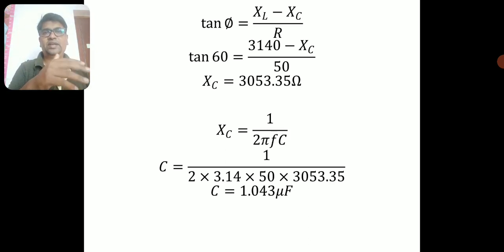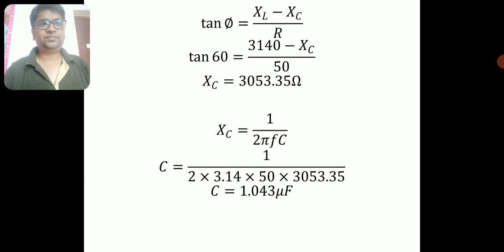So I got tan phi, which is the phase difference between the current and voltage, as XL minus Xc by R. XL I just calculated. I need to know what Xc is. So phi is known, which is 60 degrees, XL is known, and R is known. I can easily calculate Xc just by cross multiplying, taking Xc to the left hand side, and sending all these terms to the right hand side.